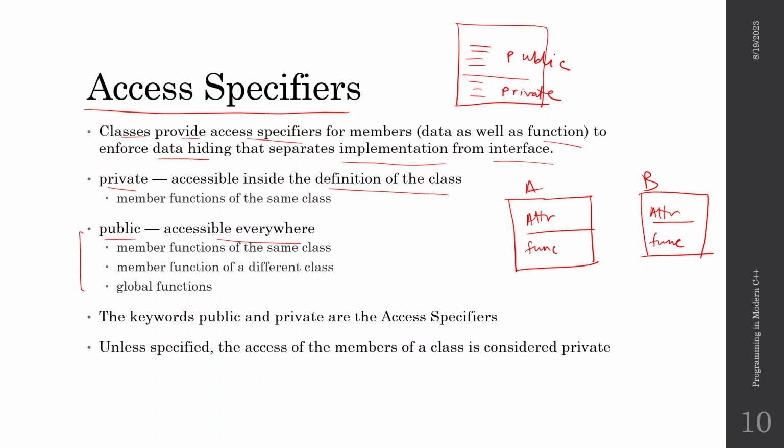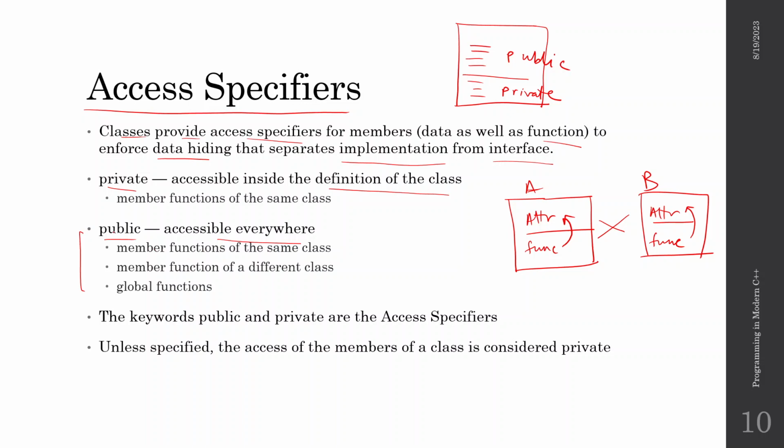But let us say that the attributes are now private. In that case, A's functions can access A's attributes and B's functions can access B's attributes, but this is not allowed: A's functions cannot access B's attributes, and B's functions cannot access A's.